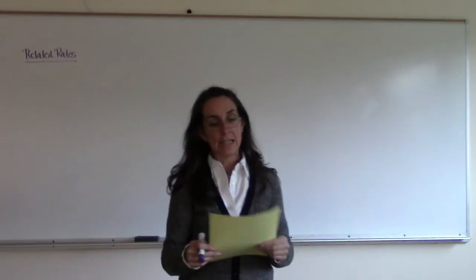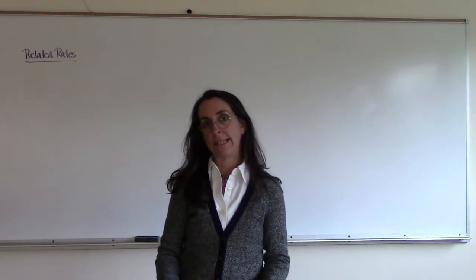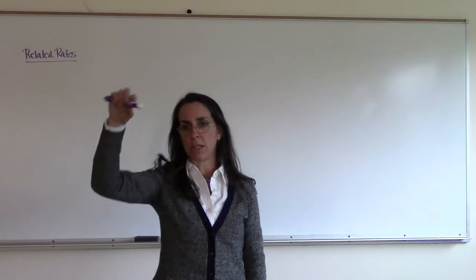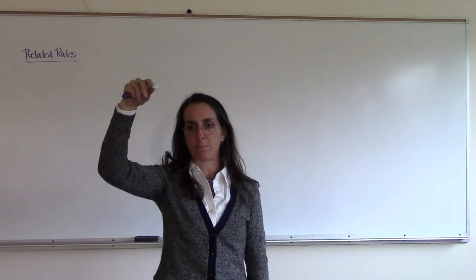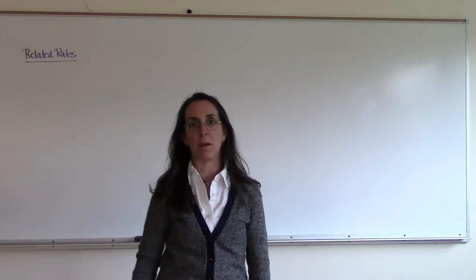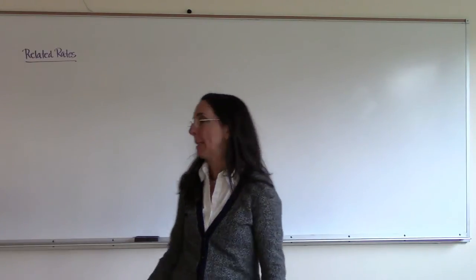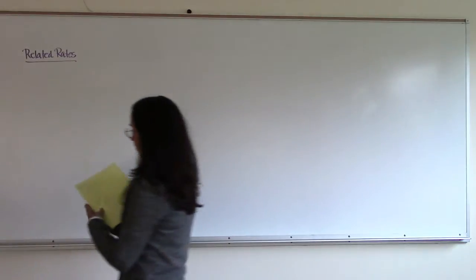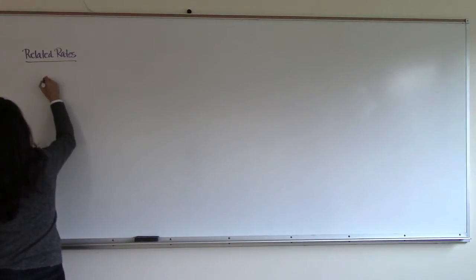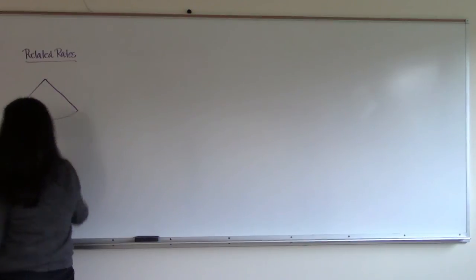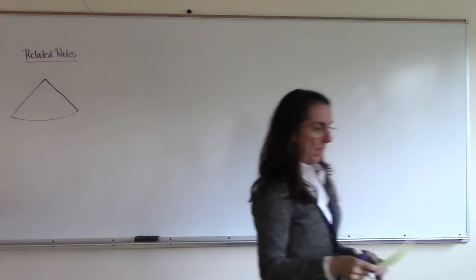Okay, so in this last problem, we have this pile of sand. And this makes sense to me: if you just dump sand or whatever into a pile, it makes the shape of a cone. So here's our sand pile.